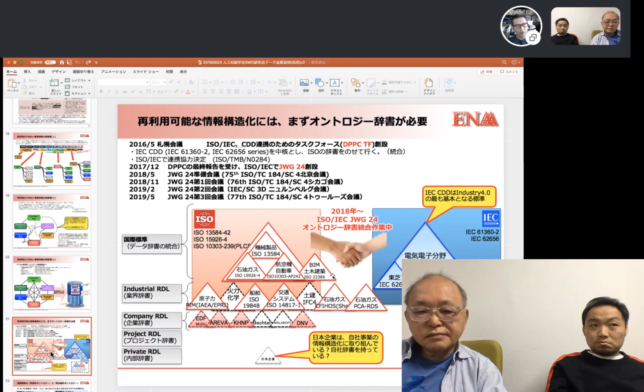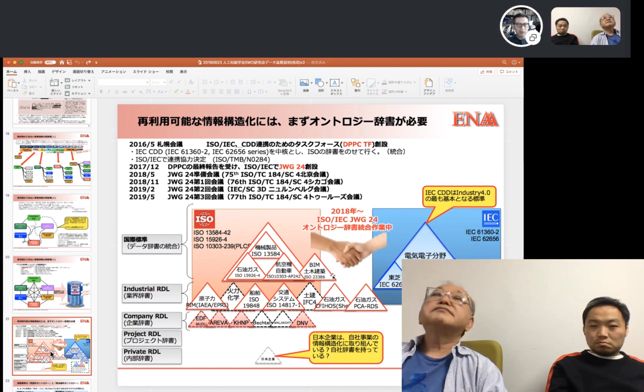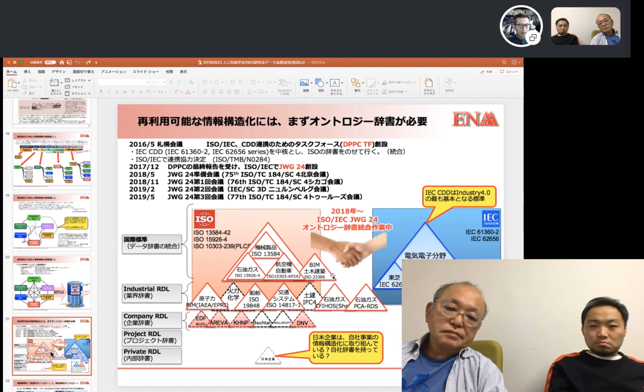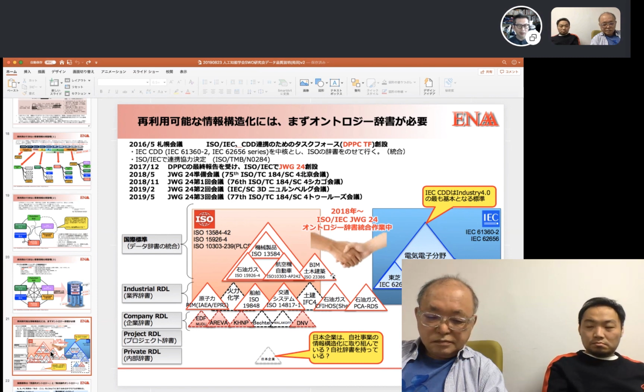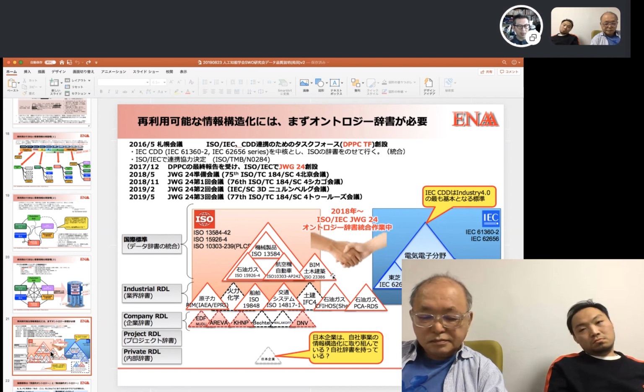Behind all such activities is the preparation of the dictionary based on international consensus and standardizing activity, and using that standard, restructuring their information based on the dictionary and the rules of structuring.